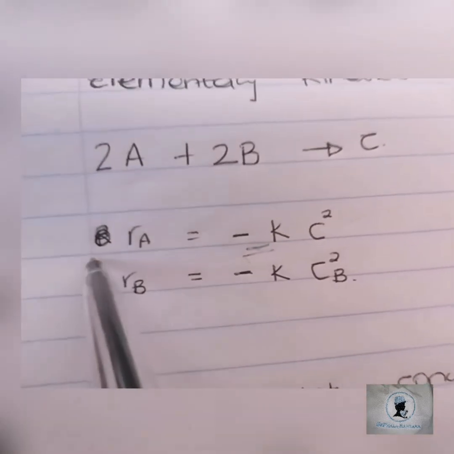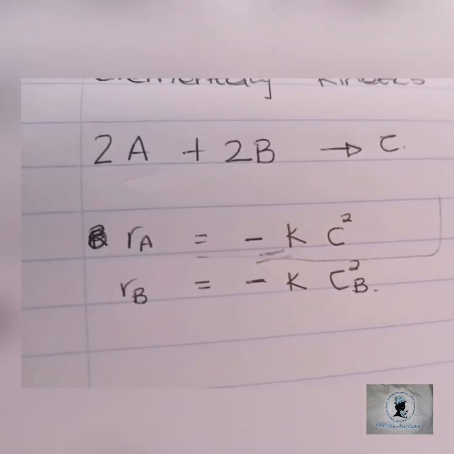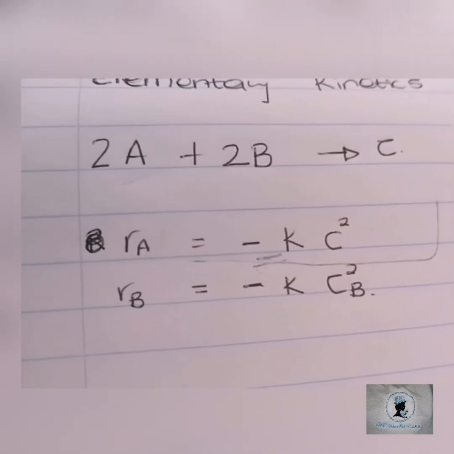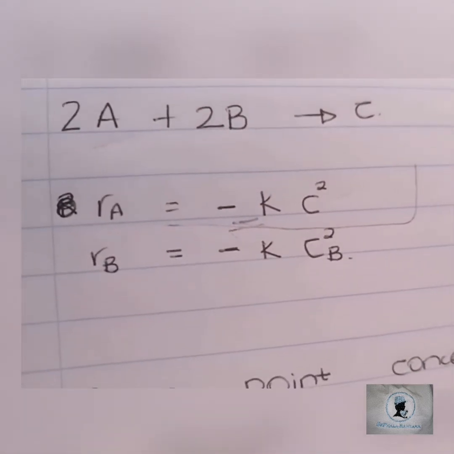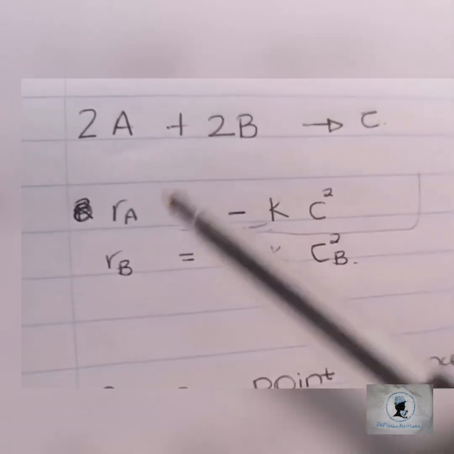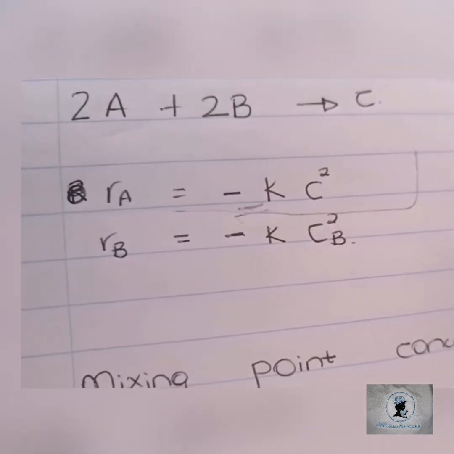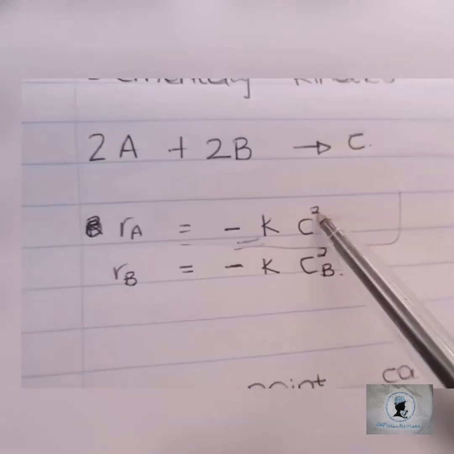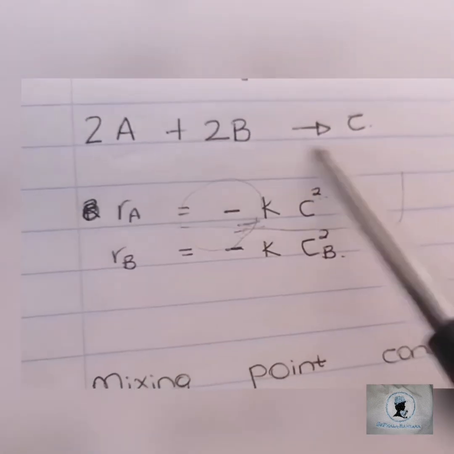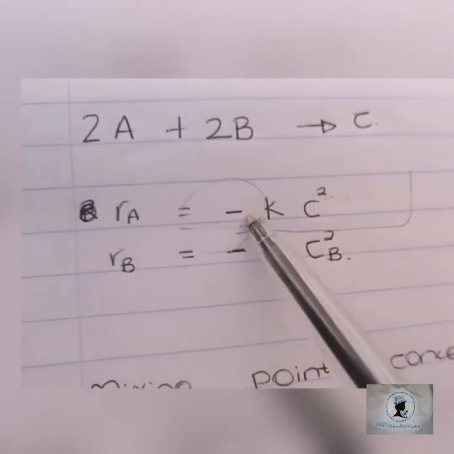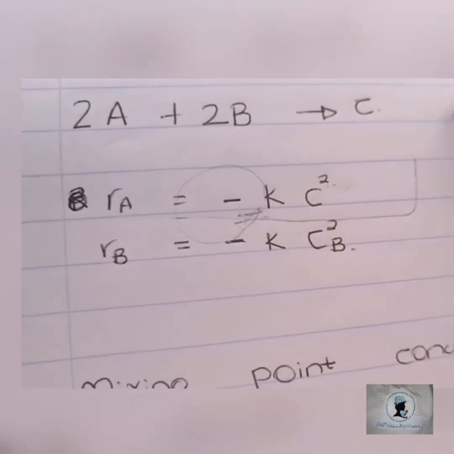So meaning that the decay rate of A, its coefficient is 2, so the order of our reaction is 2. Now guys, remember that it's a decay. When we have an equation like this, we know that it's a decay because our reactants are being used up.